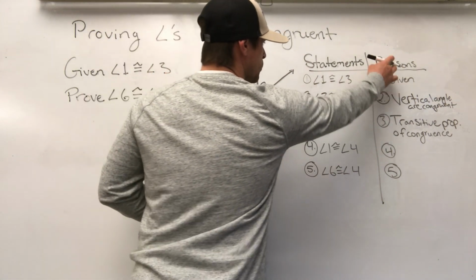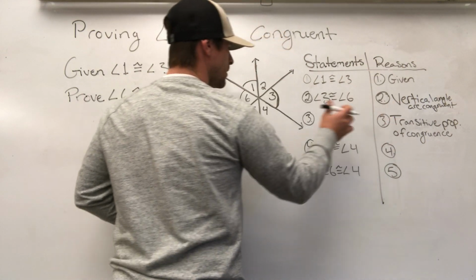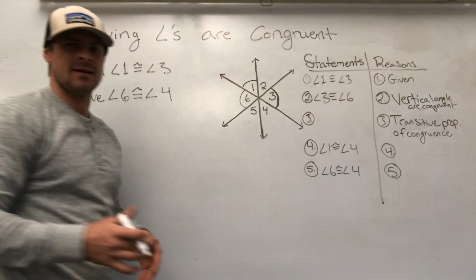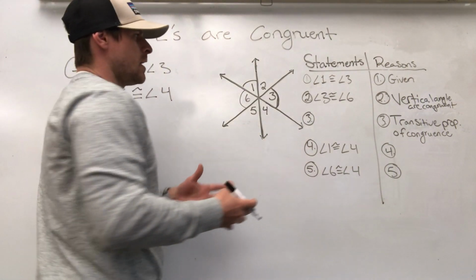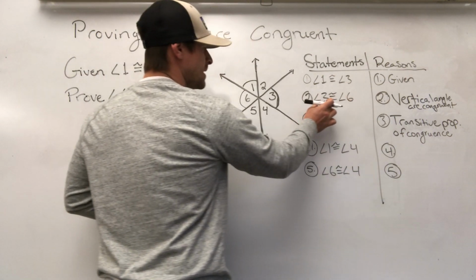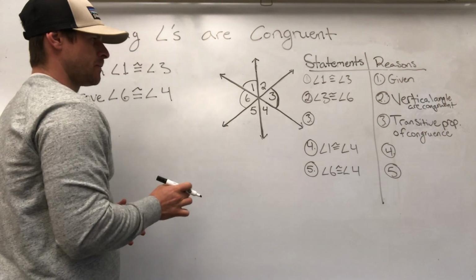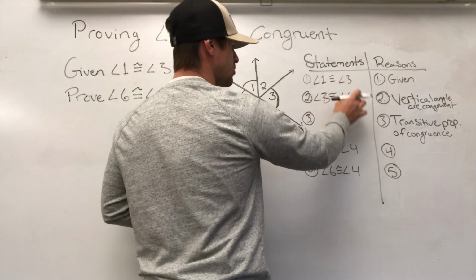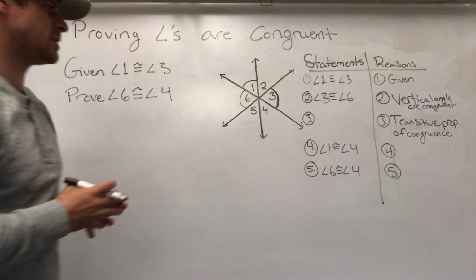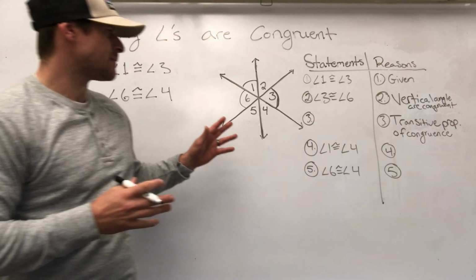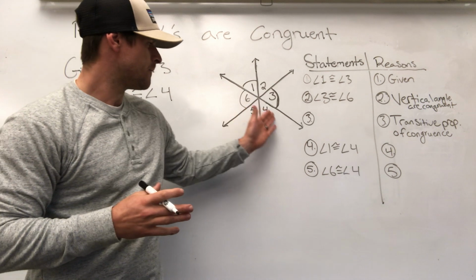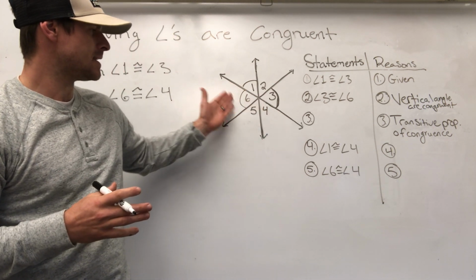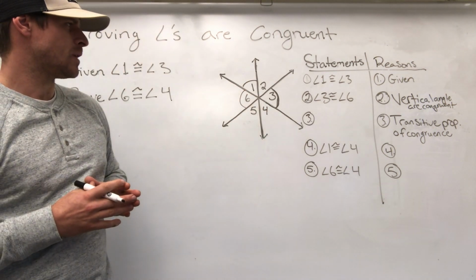Now, down here, we're looking at a reason, and we're trying to figure out what the reasoning is for. If I know angle 6 and angle 3 are congruent, I can then transition information down. Now, we're trying to figure out some things about 4 and 6. So what could I transition?